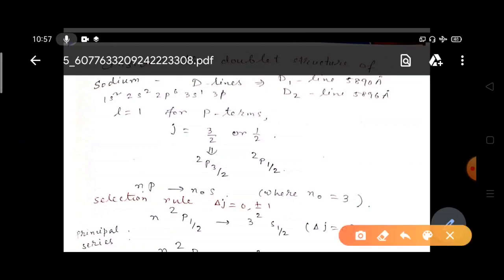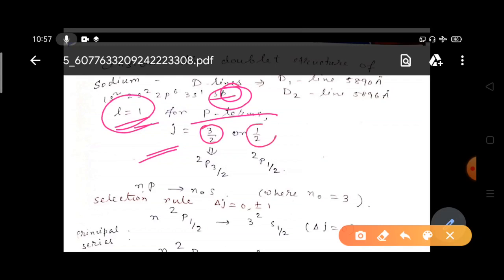So for L equals 1, suppose the electron is at the 3 level. That is the excited level, and the electron is at the 3p level. For the 3p level, L equals 1. So for the p term, J can have two different values: one is L plus half, another is L minus half. So this can be 3 by 2, and this can be half.